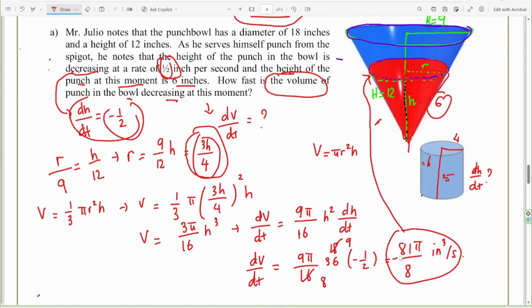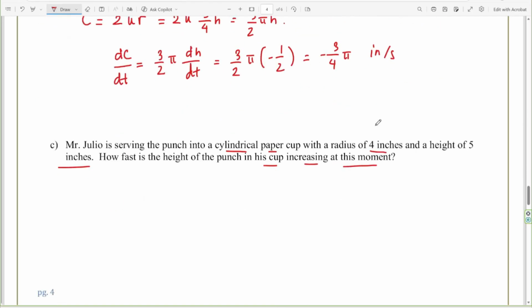So basically, negative 81 pi over 8 becomes positive for this guy right here, right? So I'm going to use the formula V equals pi r squared times h, right? And then it's going to be pi times 4 squared times h, right?